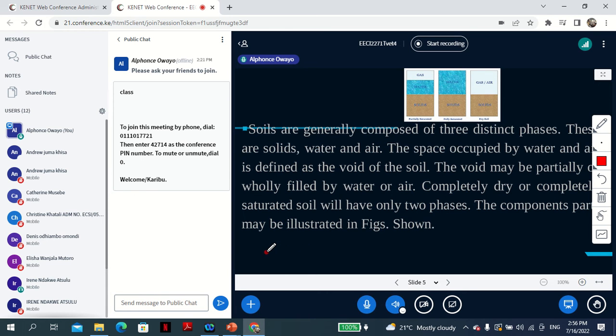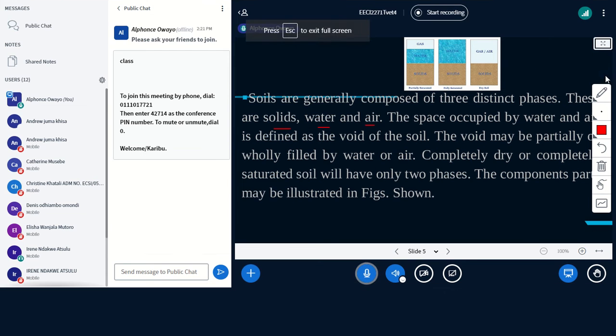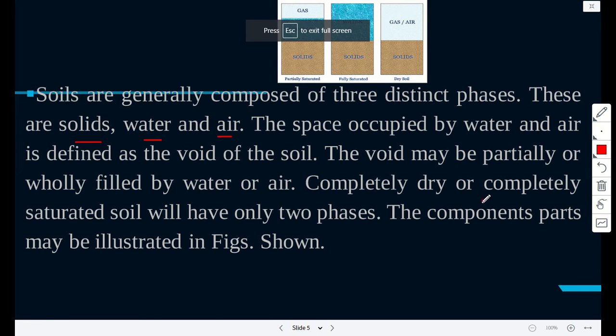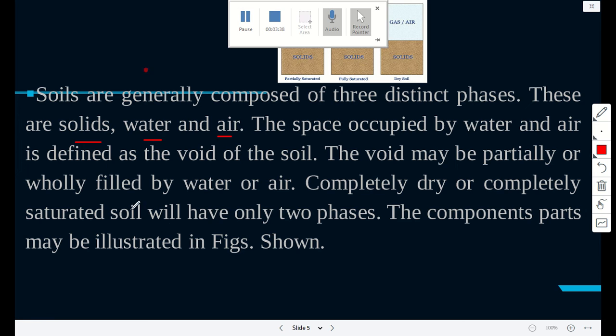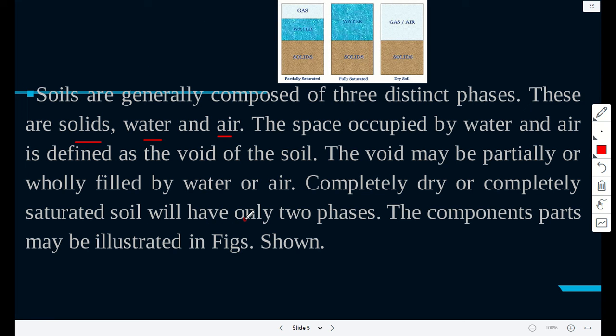So, soils are generally composed of three distinct phases. These are solids, water, and air. The space occupied by water and air is defined as the voids of the soil.